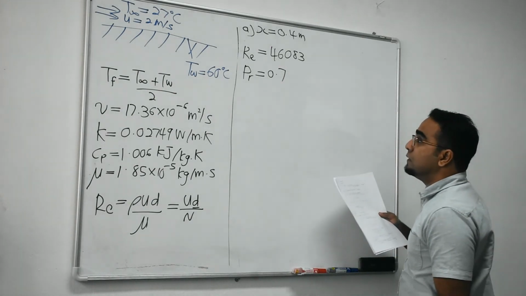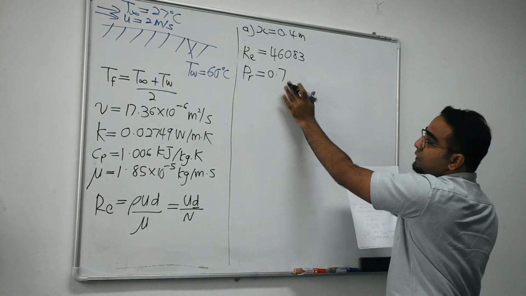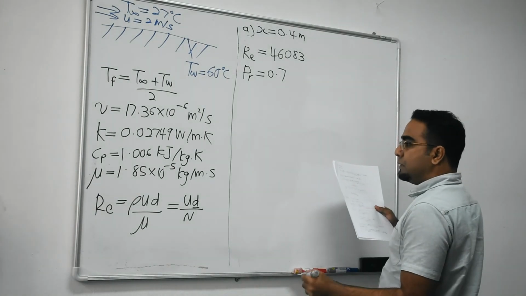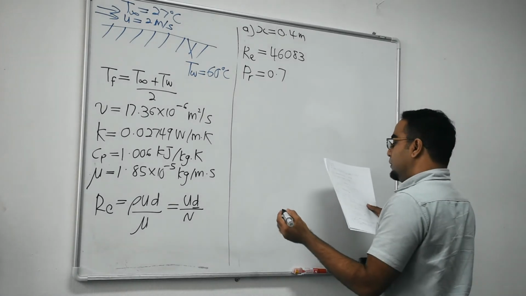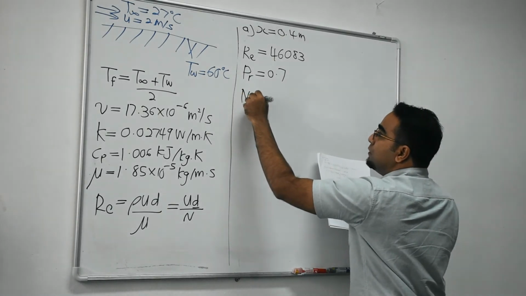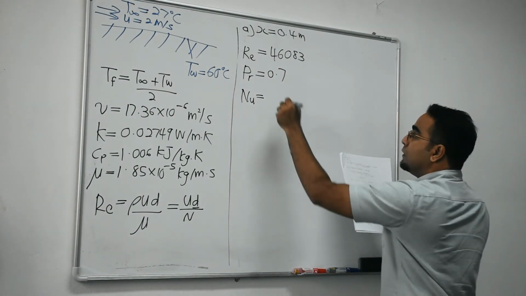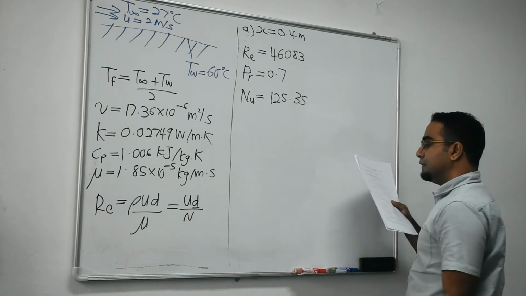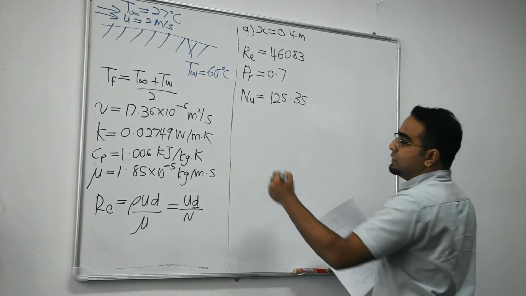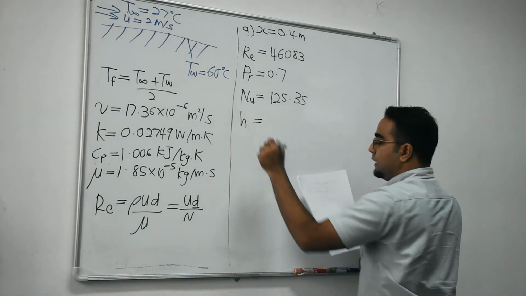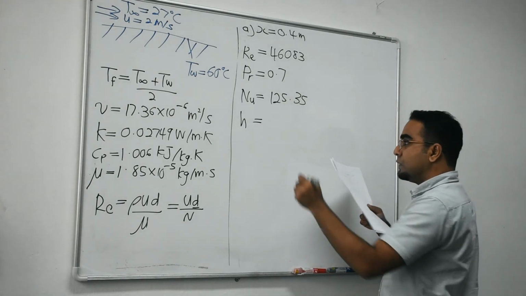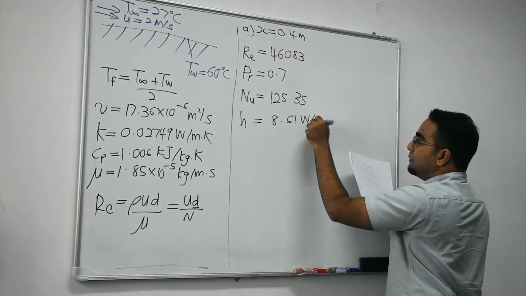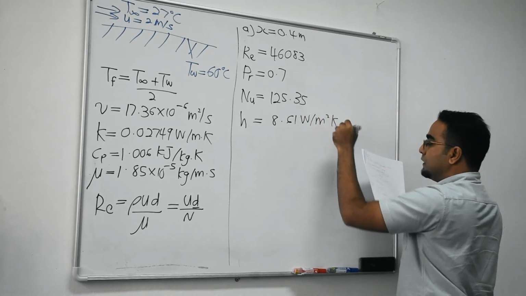And so, still laminar, still below 100, so you're going to use the same equation for Nusselt number as in part A, and then you'll get a value of Nu equal to 125.35. Then substitute into the equation for h and you get a value of 8.61 watt per meter squared Kelvin.